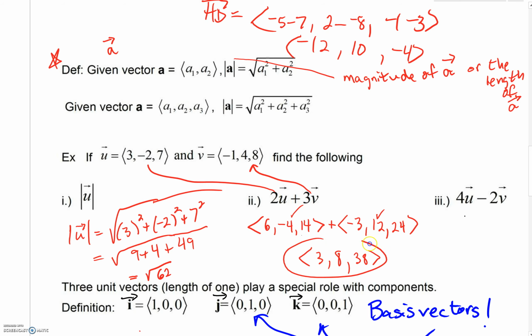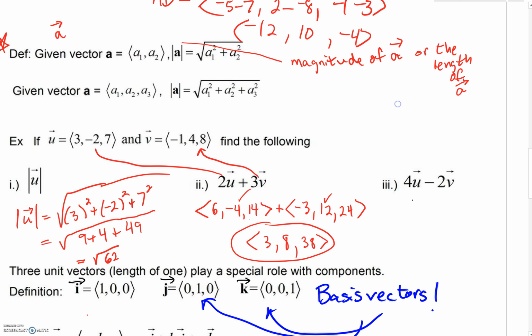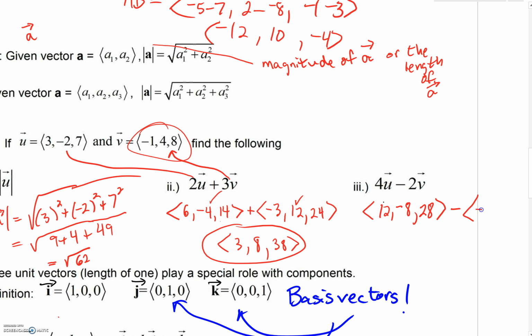And we're done. Likewise, when we multiply 4 times vector u, that's going to be 12, negative 8, and 28. And we could say minus... well, what's 2 times vector v? We'd get negative 2, an 8, and a 16.